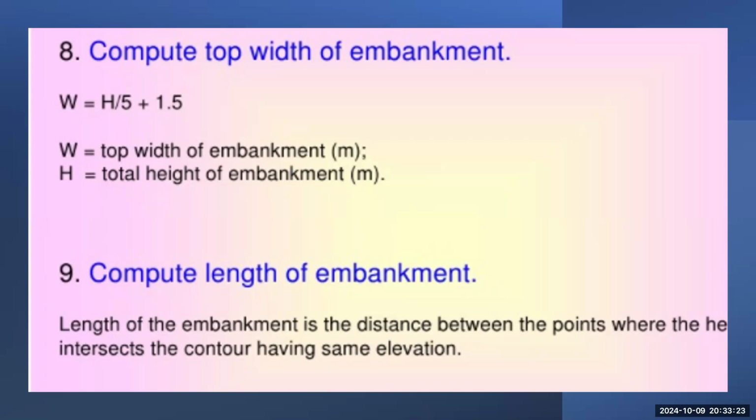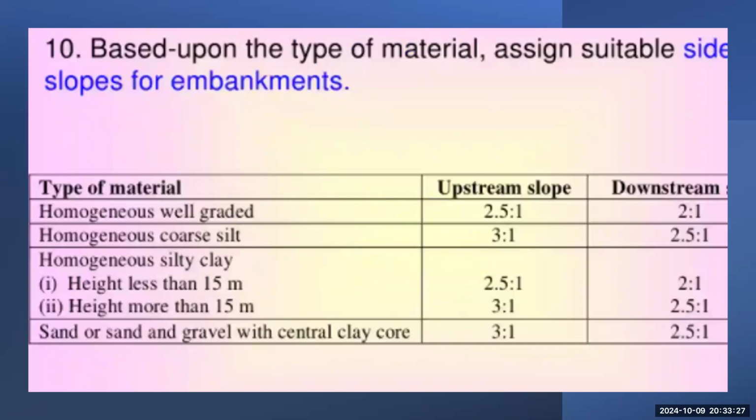Based on these things, the length of the embankment can be worked out. Then based on the type of material considered for the construction of the earthen embankment, the upstream and downstream slopes can be suggested.